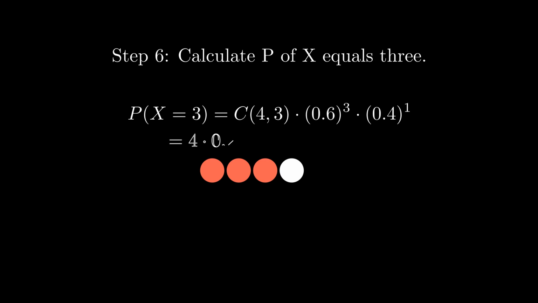Multiplying gives 4 times 0.216 times 0.4, which equals 0.3456. This is the probability of exactly 3 hits. We add it to the other probabilities later.